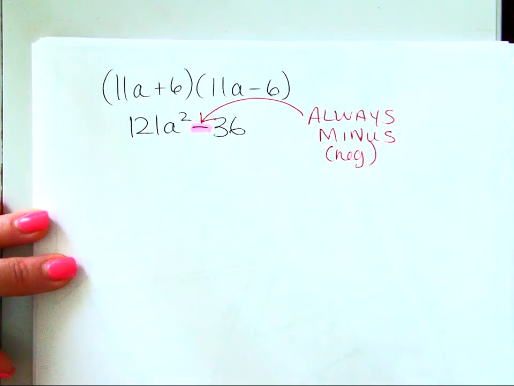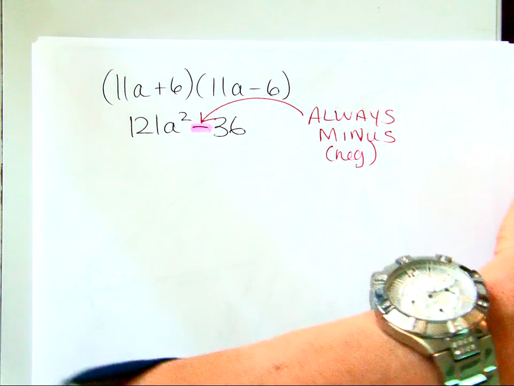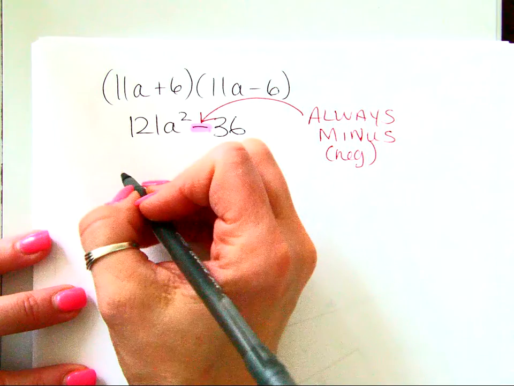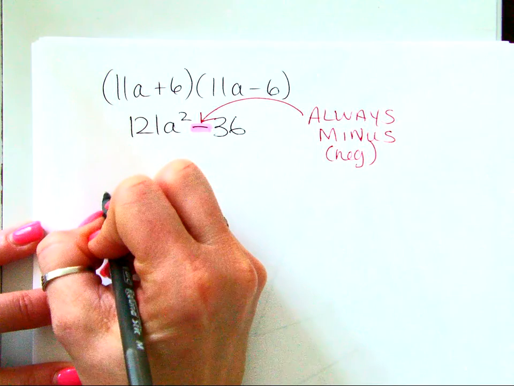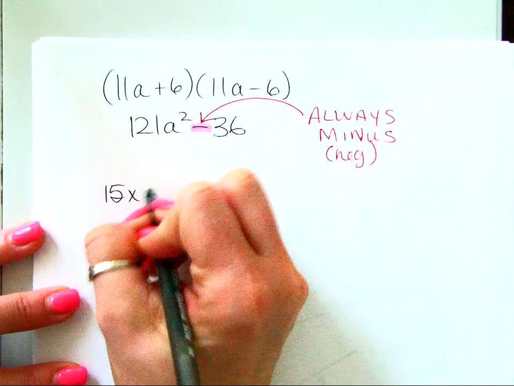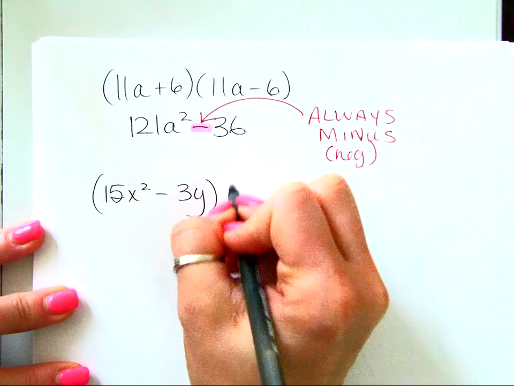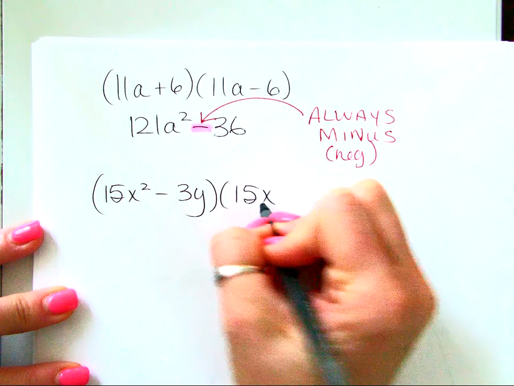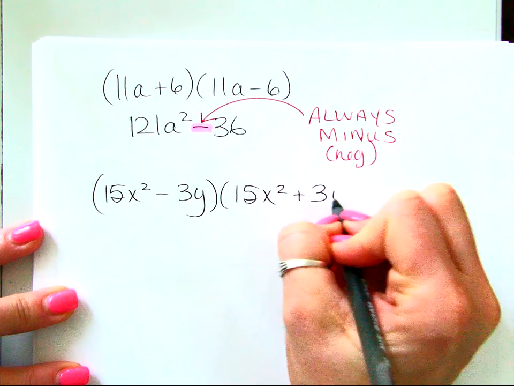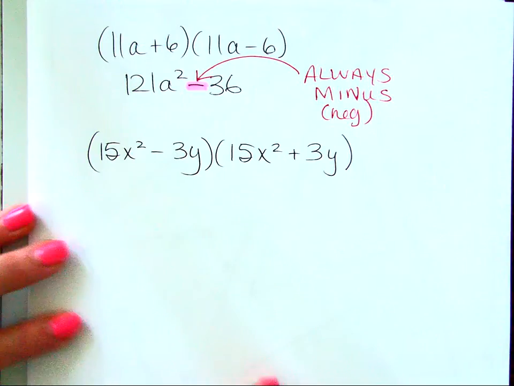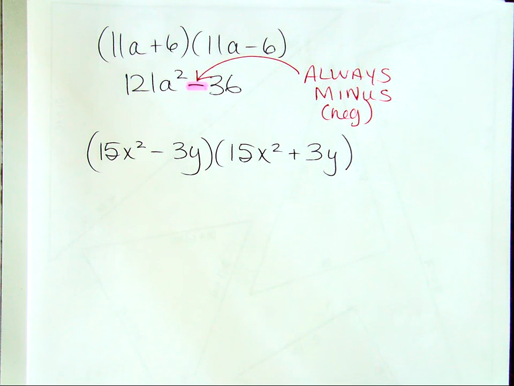Okay, so now try this one. This one gets a little crazy. 15x squared minus 3y, 15x squared plus 3y. It looks crazy, but just apply the same concept I just taught you.